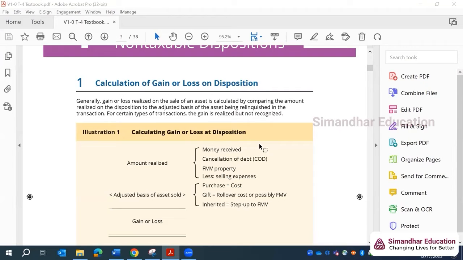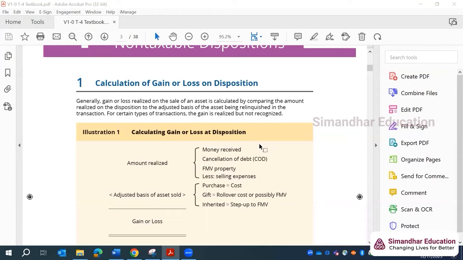The initial value of the house was $100,000, and after the construction of the second floor, I spent another $50,000. So what is my adjusted basis of the house now? People, what is my adjusted basis?